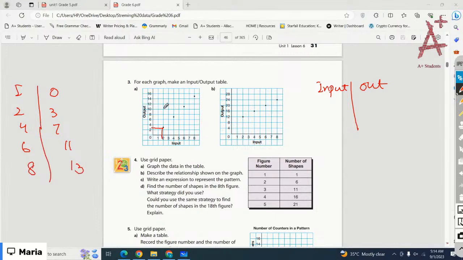That is the input output table for graph A. You have to do the same thing for B. Input is 2, output is 12. Input is 4, output is 16. Input is 6, output is 20. Input is 8, output is 24. Right?